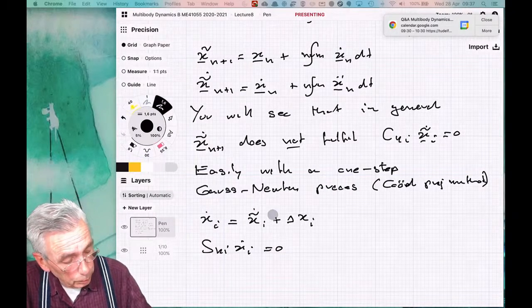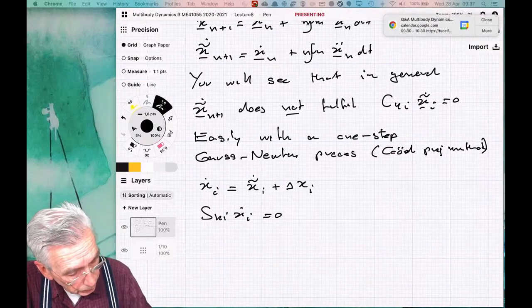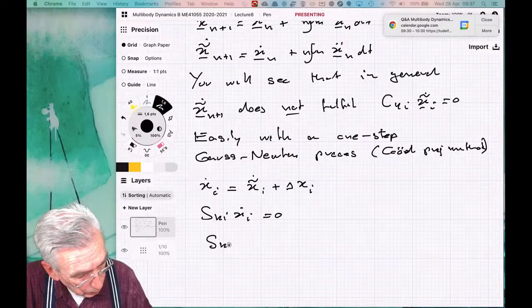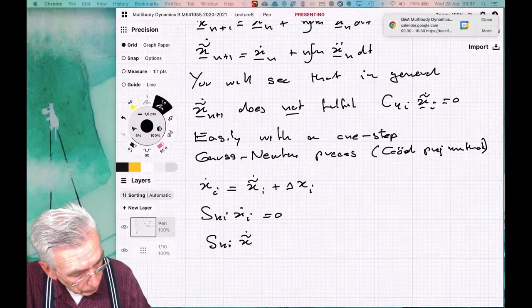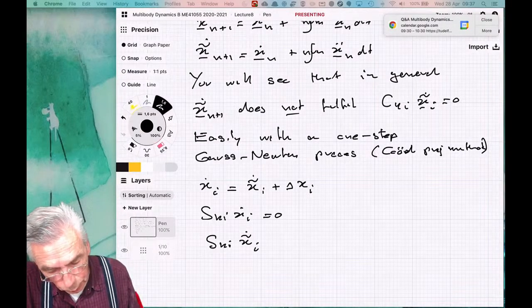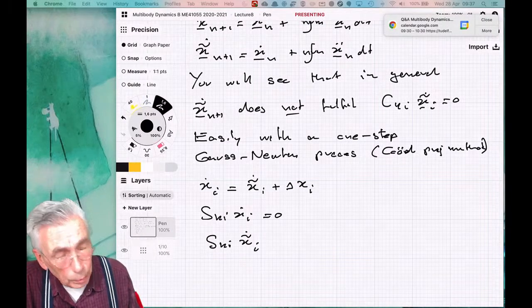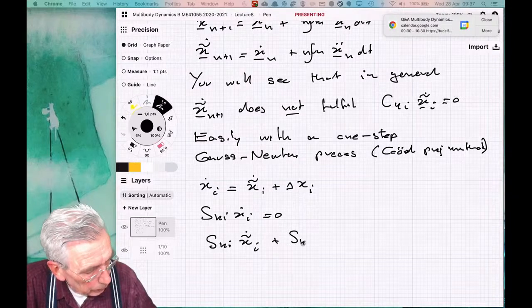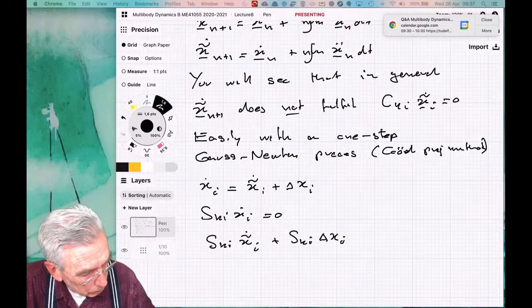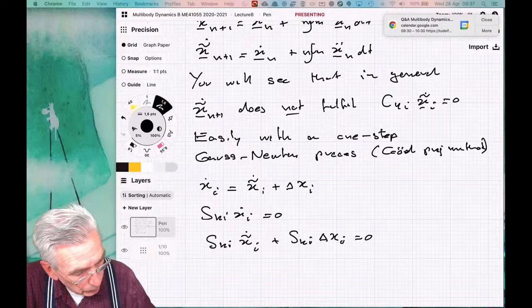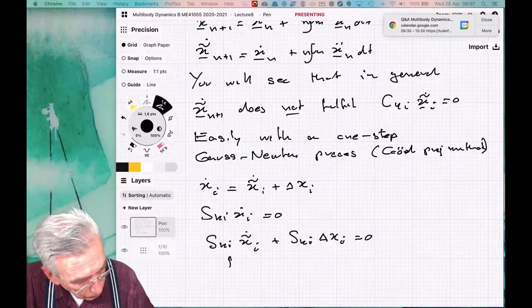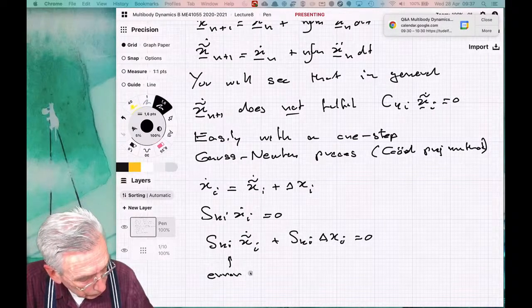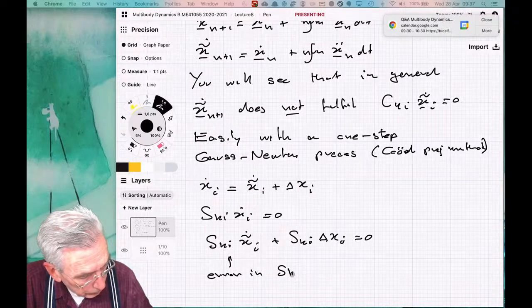And then we substitute this in this equation. What do we get? We get ψk times x tilde dot, which is actually the error we have in our problem, plus the Jacobian, which we already have. That's the beauty of the linear problem. This is 0. That is what you call the error in ψk.